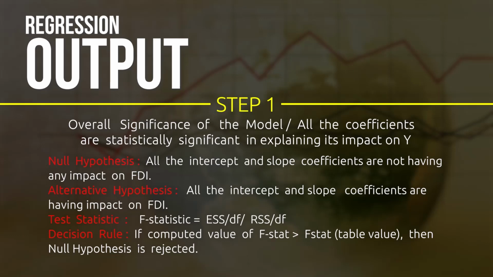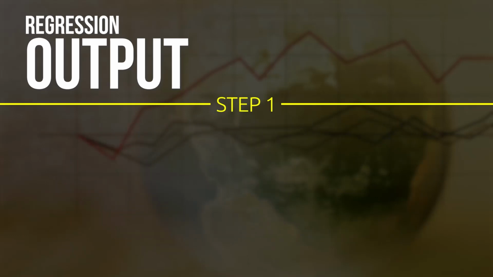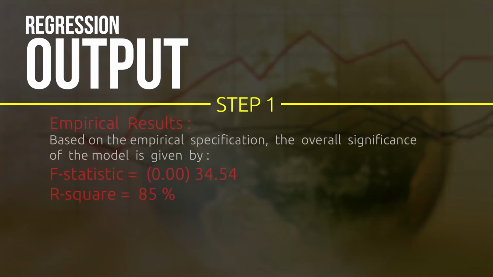This is very important for the overall significance of the model, and accordingly we go for the goodness of fit measured by R square. So as we move on to the empirical results of step 1.